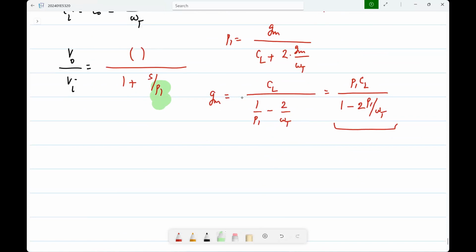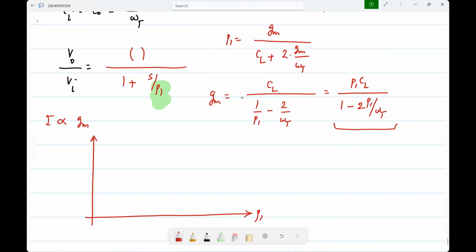So what I want to find out is, to get a certain P1 value, what is the gm? And the current that you will burn will be proportional to gm. So you can plot gm versus P1 or current versus P1, you will get the same thing. So what kind of dependence do you get?